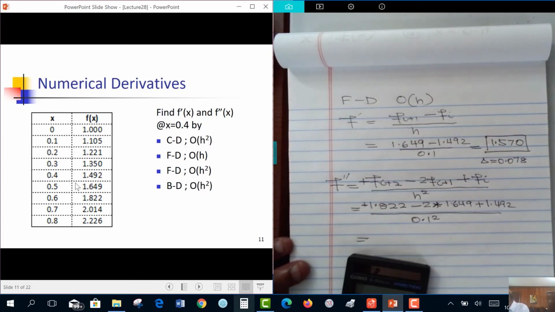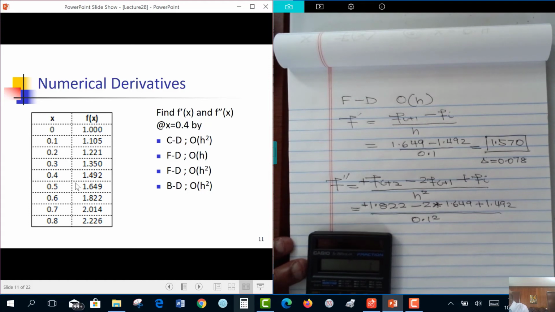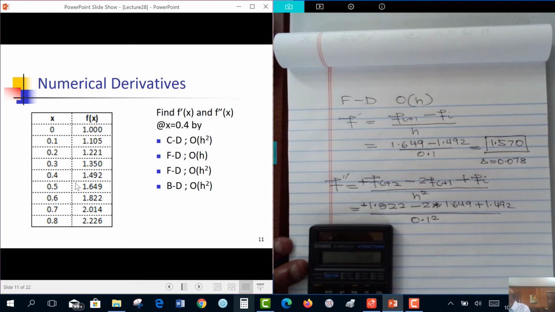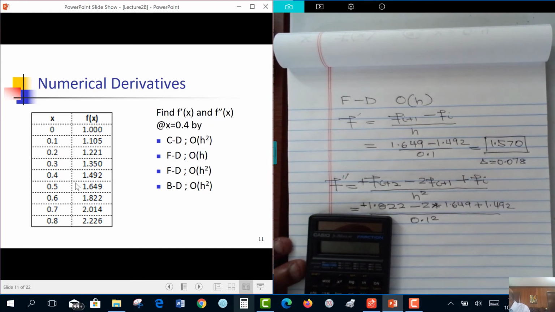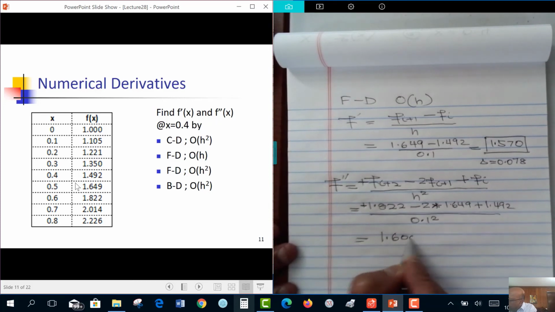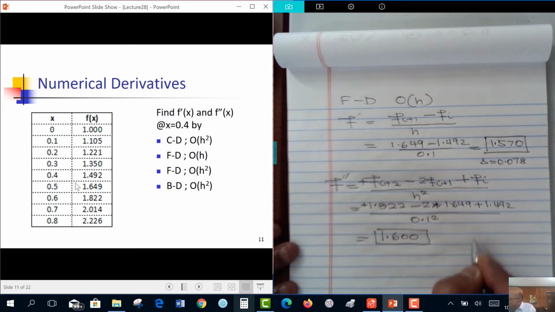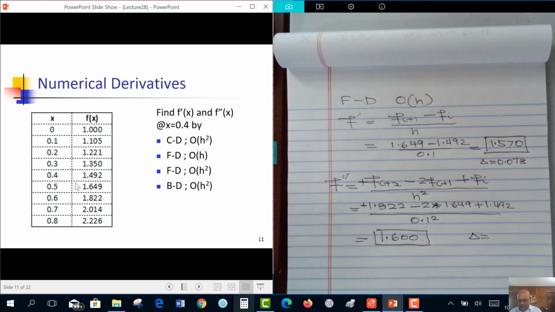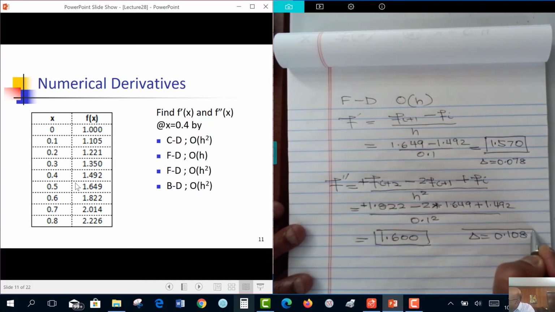Let's calculate this, and I get 1.600. And now we are 0.108 away. Only our first digit is correct.